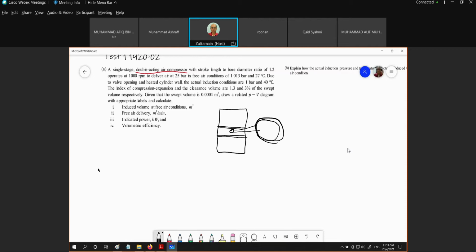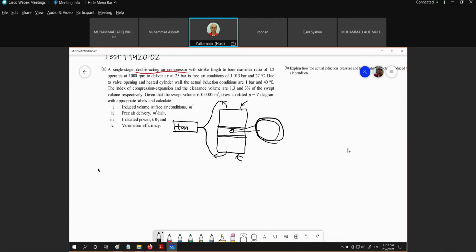And then we have induction, and we have delivery. Usually this delivery will be combined and delivered to the accumulator or to the tank. This is our tank.